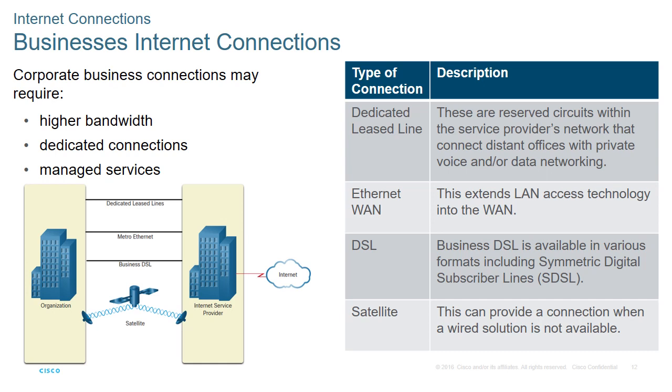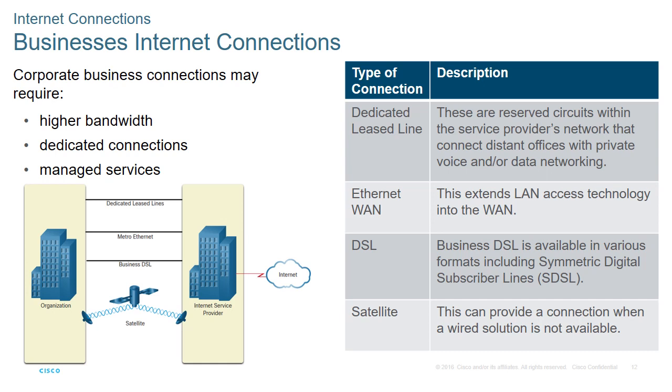Okay. Now corporate business connections may require the internet with some requirements. What are the requirements? For example, if a corporate or a business requires an internet connection, definitely it should meet some requirements. The requirements are, first, it should provide high bandwidth. Then it should be a dedicated connection.